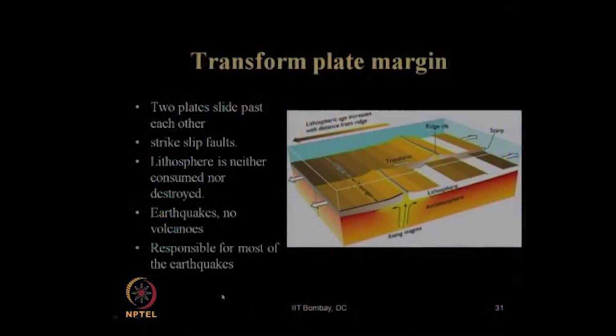So, in this transform plate, if this type of earthquake occurs inside a sea, it will not create any tsunami, because there is no vertical movement as such between the two plates. There is only a lateral shift or lateral slide or lateral displacement between the two plates. Fine.